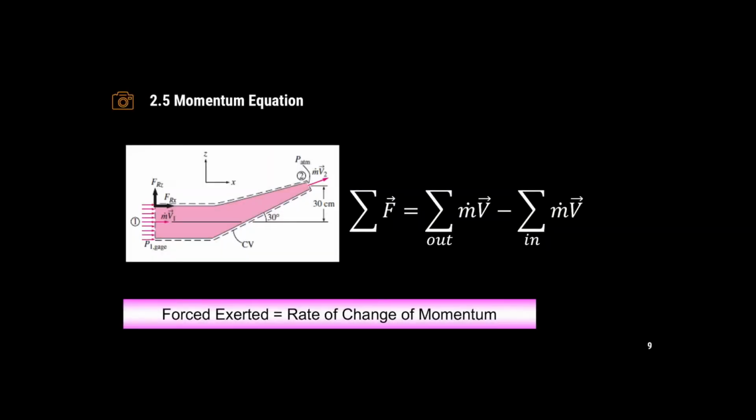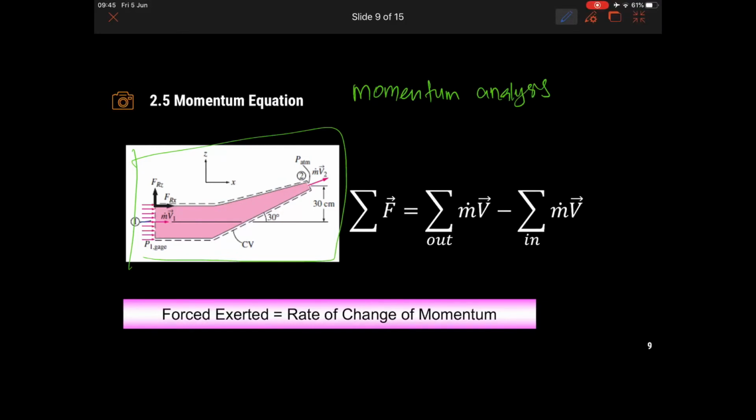Okay, to have a better understanding of why we say momentum analysis, it's not just the momentum equation, but it's momentum analysis. If you look at this figure, this is a bending pipe that has a flow, water flowing from here and out here, right?